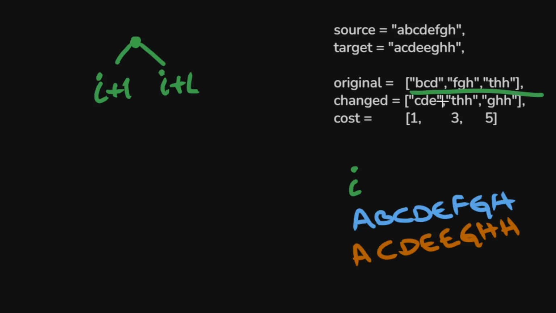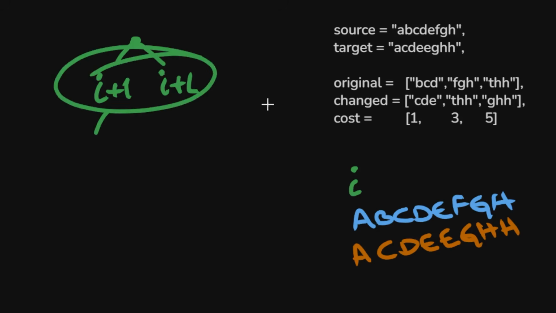Here we have possible changes. So maybe we can use any of these with this index. In this case we can't because none of this starts with A, so we can only move to the next index. But here you can see our choices.